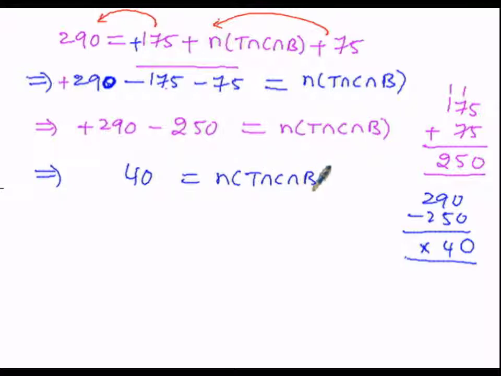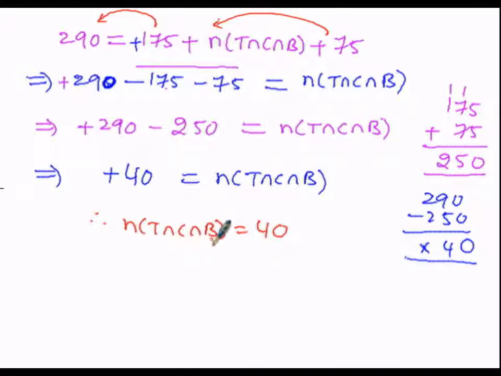To assess the sign of 40, 290 is greater than 250, 290 is positive, therefore 40 assumes the sign of positive. In this manner I got, therefore, n of T intersection C intersection B is equal to 40. This indicates the number of members who played tennis and cricket and badminton.